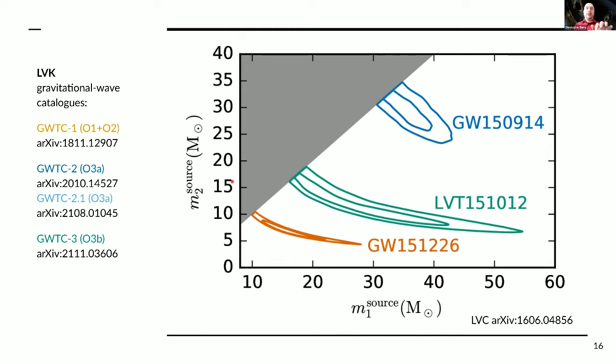By convention, we always take M1 to be greater than M2, so it can never be in this gray region, which is where it's shaded. Now, the form of these contours given by our posterior probability distribution does depend on our prior assumptions. So if we used a different prior distribution, these contours would shift around. That is why we need to bear in mind what our priors are when making interpretation.